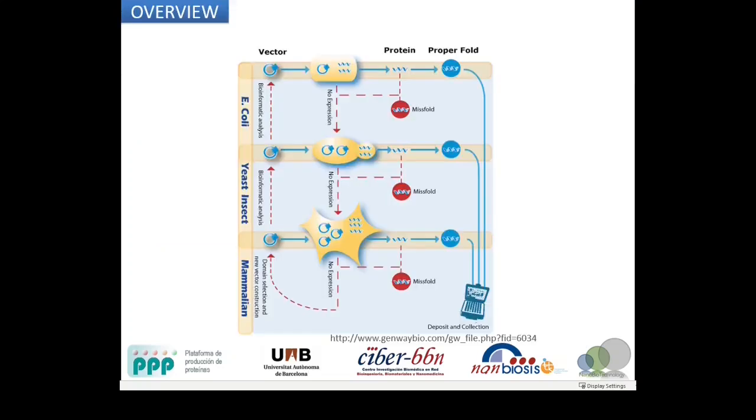The recombinant gene is then introduced into an expression vector, which is transferred to an expression cell to induce the expression of the recombinant gene to produce the recombinant protein. Under some circumstances, the protein gets a properly folded conformation, which can then be used for the purpose of the project.